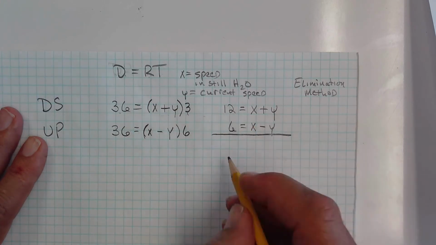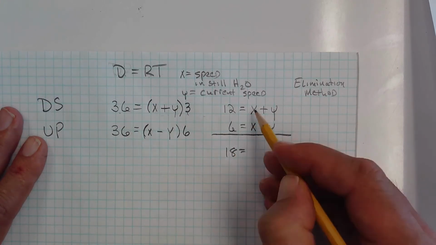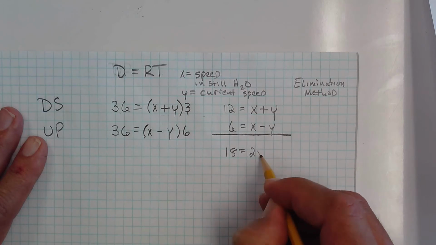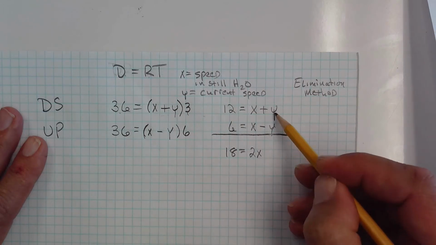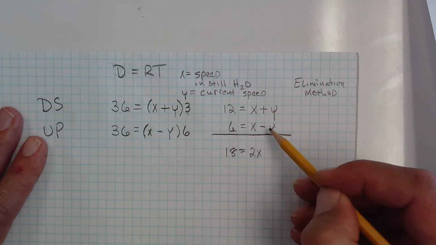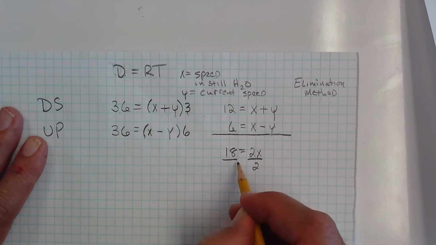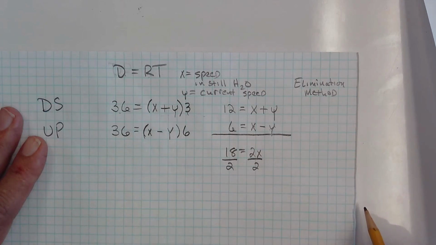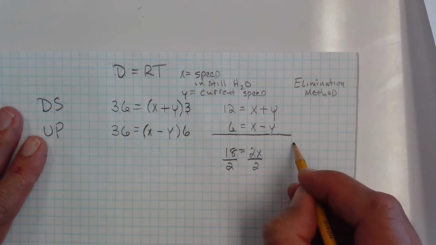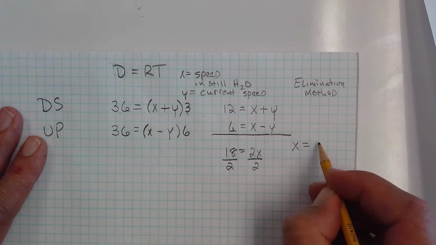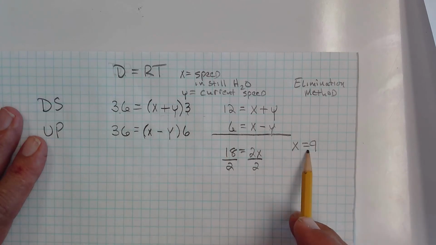So 12 plus 6 is 18, x plus x is 2x, and these are eliminated because 1 plus a negative 1 is 0. Now our second to the last step is to solve for his speed in Stillwater, so 18 divided by 2, and that is 9. So his speed in Stillwater is 9 kilometers per hour.